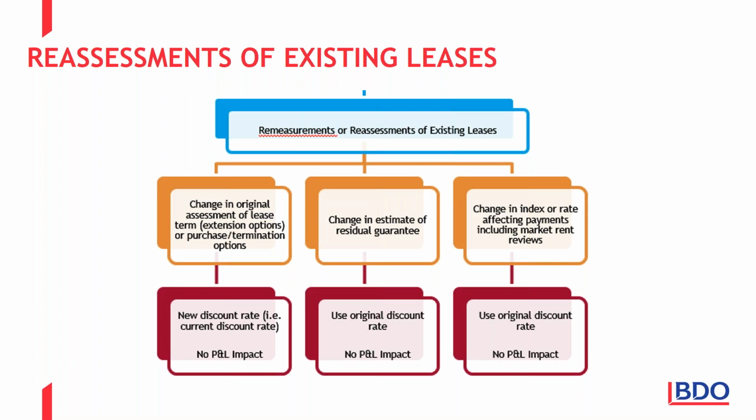We no longer think it's reasonably certain, or it could relate to our assessments around purchase options, termination options. It's important to note that in this situation, when we change our original assessment around these options, it will impact the lease term.